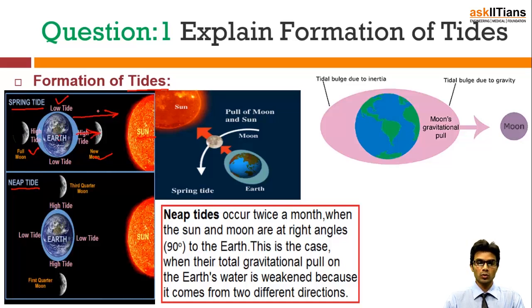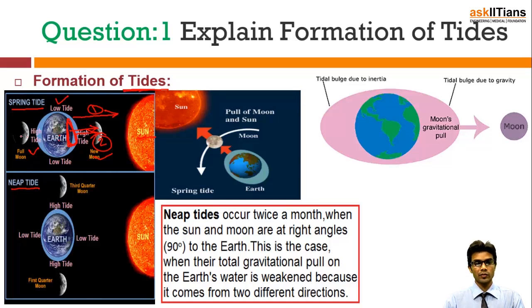So there are two forces acting on the earth which pull the mass of the earth. So if the earth has water on this part, this region of the earth, then the water is pulled and forms the tides. This is the high tide.